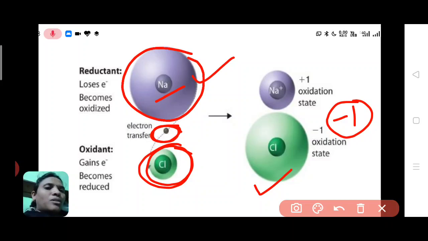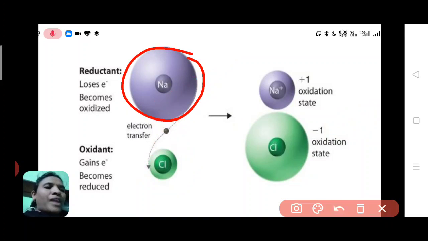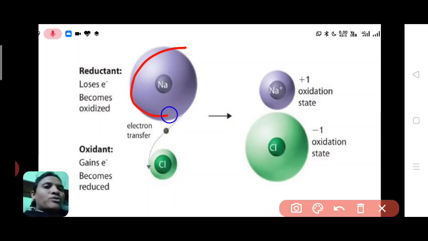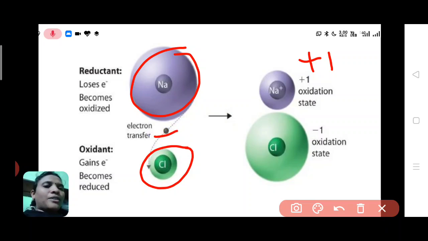Due to the transfer of an electron from one atom to another, the atoms acquire some oxidation state. In this picture, it is clear that after losing one electron, sodium has acquired a +1 charge, and when chlorine accepts this electron, chlorine acquires a -1 charge.